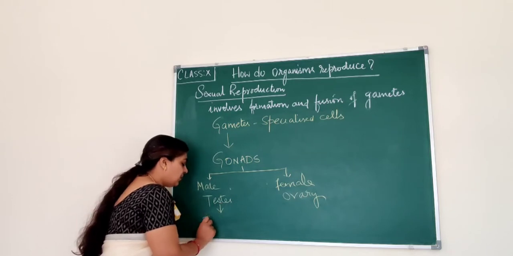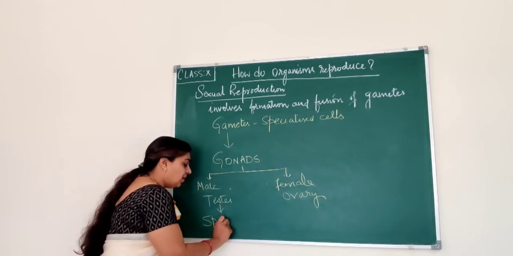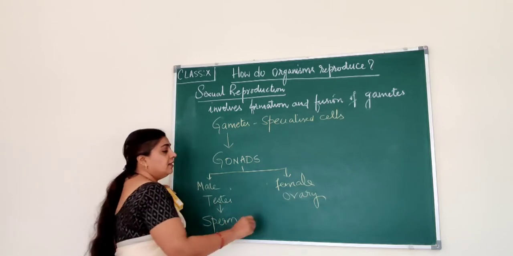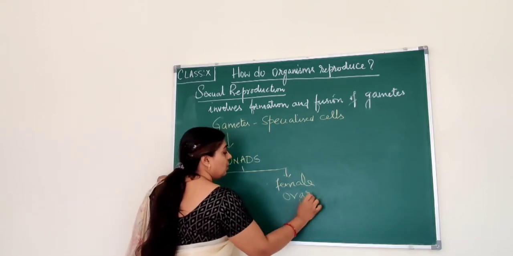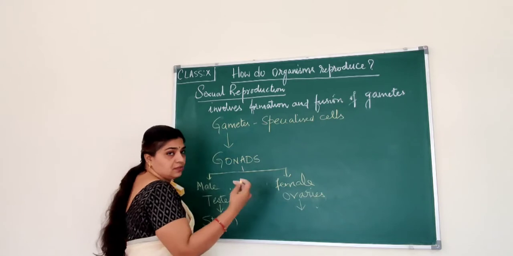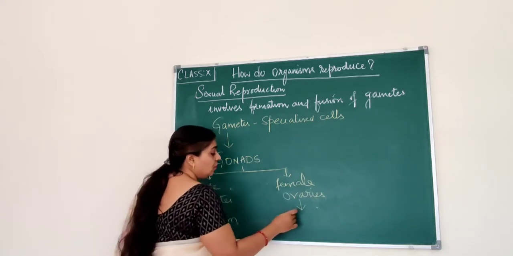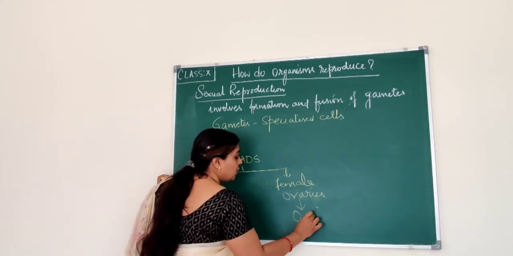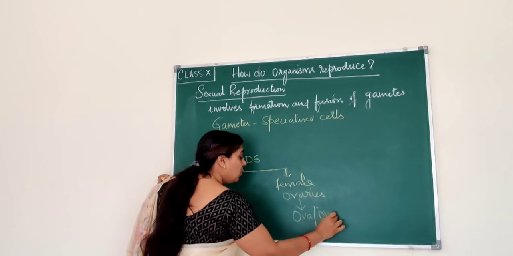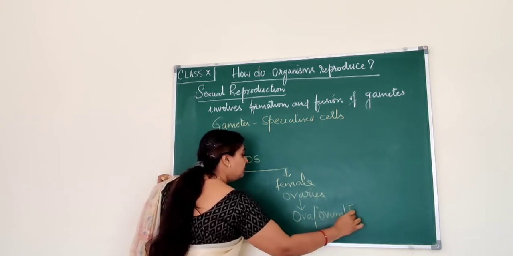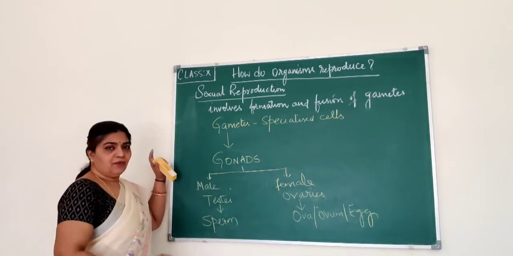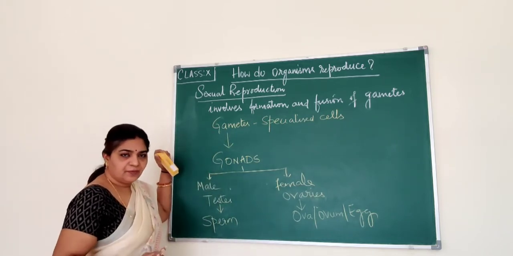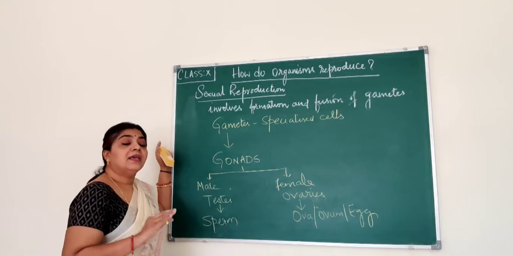The testis will produce the male gamete called sperm, and the female gamete is produced in the ovaries, because two ovaries are there. The female gamete is referred to as ova, or ovum, or egg.